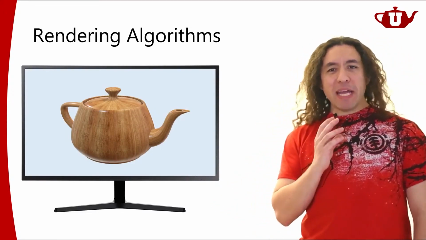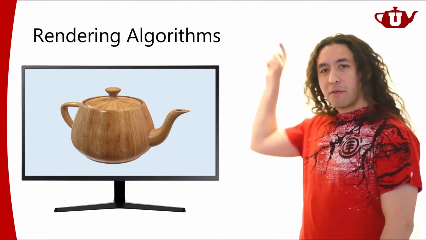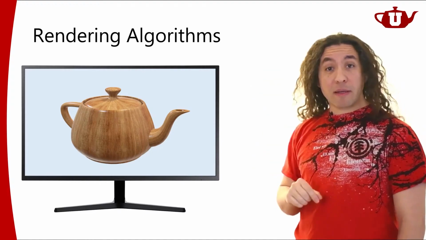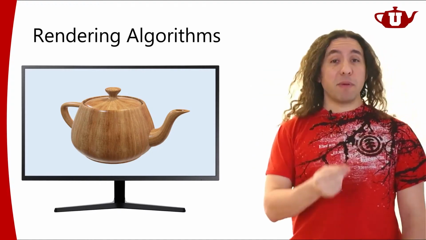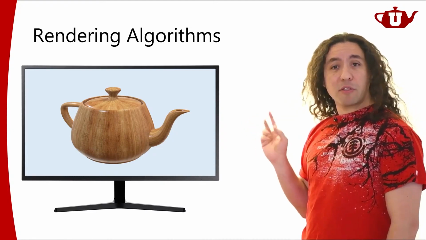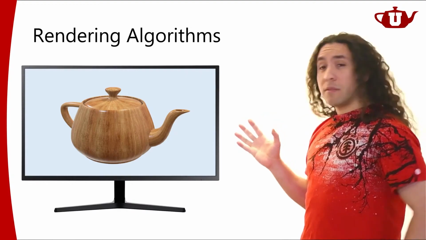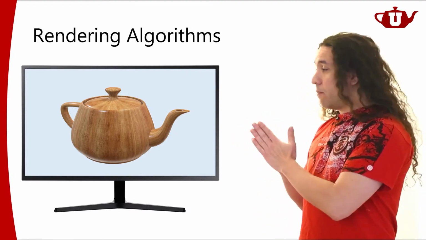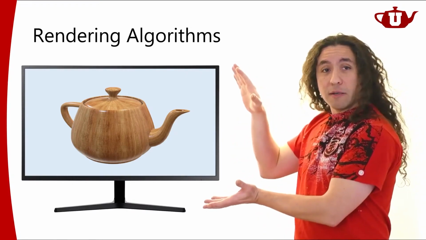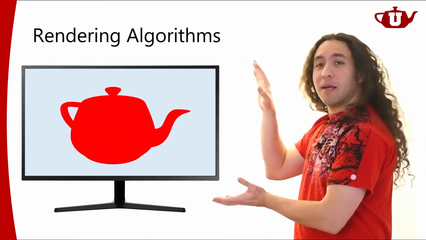So the main problem that the rendering algorithms are going to be solving is what we call the visibility problem. That is, I have this teapot in a virtual environment, and where does this teapot fall on my screen here, right? Basically this. Where is the teapot on the screen?